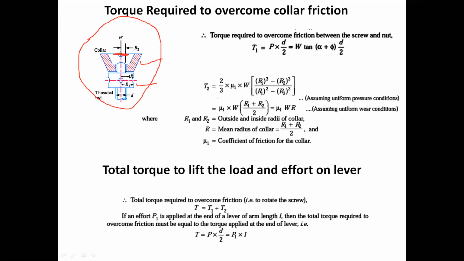So to reduce this friction, there should be bearing action. You can see here there is a gap, so it acts as a bearing. It is a simple collar. The collar has a very simple construction. It has R1 and R2 radius, and the collar is fitted over this screw.